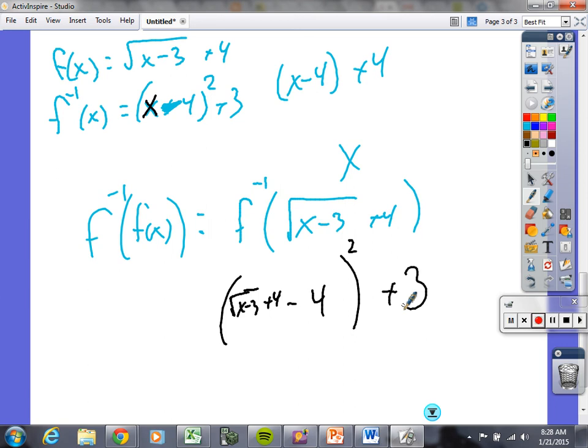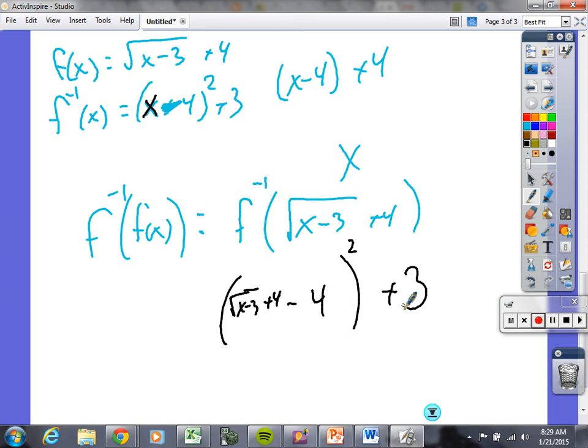Now, here is f's inverse. So this stuff is replacing that x, so I'm going to replace it with this x. So I have my large parentheses, quantity squared, with my minus 4 right here. All I did was insert this stuff for that x. Yes or no? And then notice we had that plus 3 outside. Did we get that?